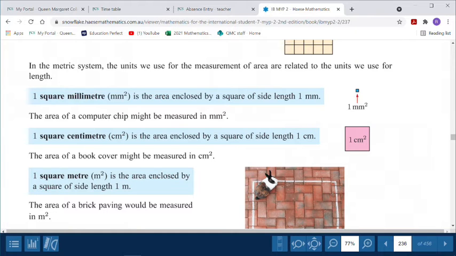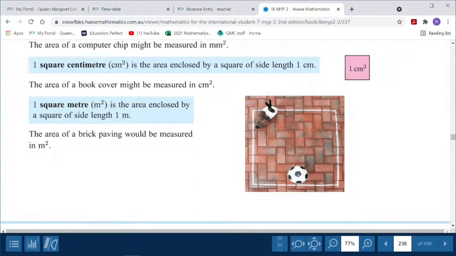All right, so think about a couple of areas, because again, we want to make sure that we're using things that make sense. If I was measuring the top of a desk, I might measure that in square what? Meters, maybe. It's still going to be a little smaller, but maybe square meters. Could I use centimeters? Yeah, but it'd be a pretty big number with the desk, wouldn't it? Okay. What if I was measuring the area of that calculator?